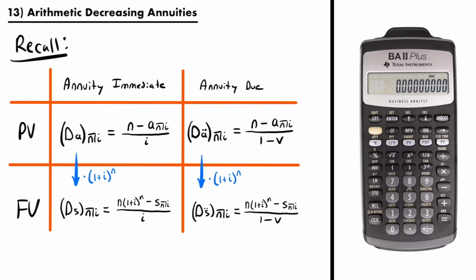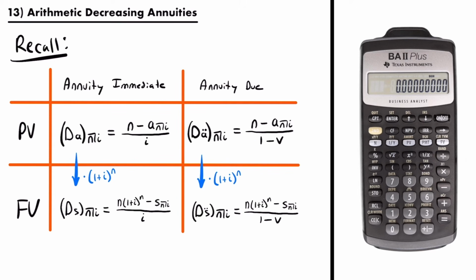And so what we can do is calculate those annuities and then subtract them from the previous term, divide by i or whatever else is in the denominator, and then multiply by whatever is on the outside. So it's a very similar process to what we did in the previous section for arithmetic increasing annuities. It's just different formulas that we have to work with.